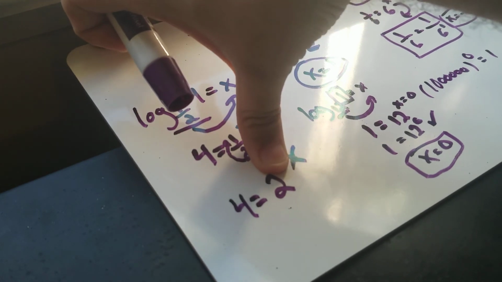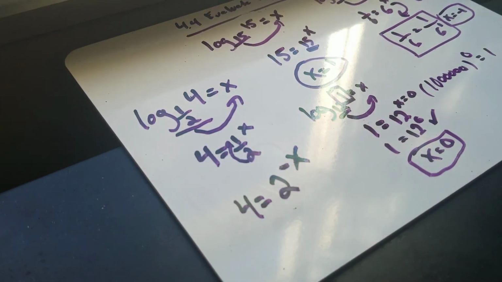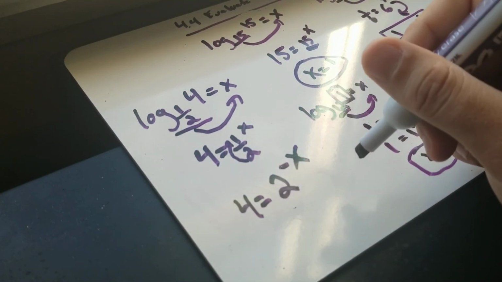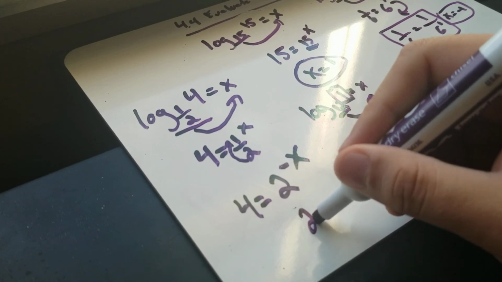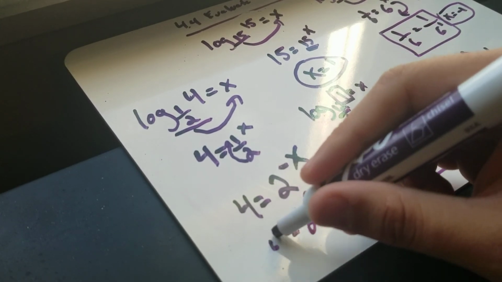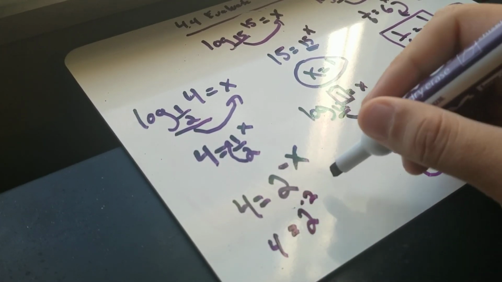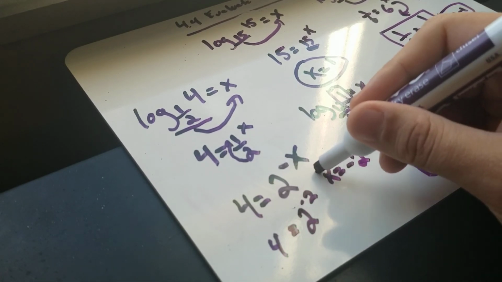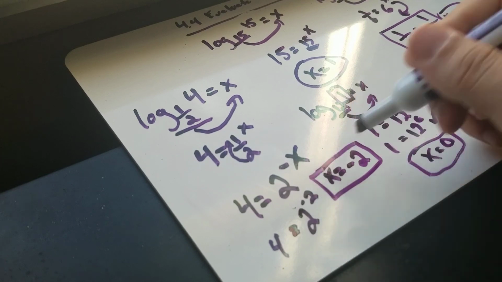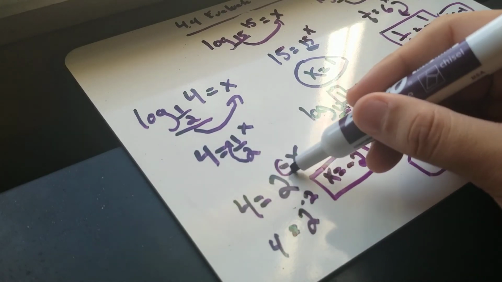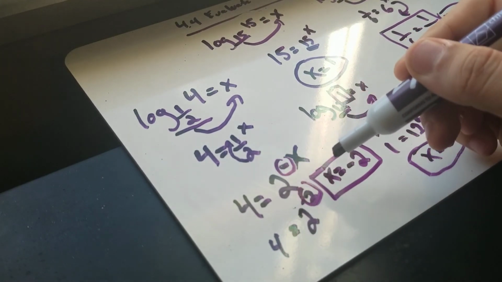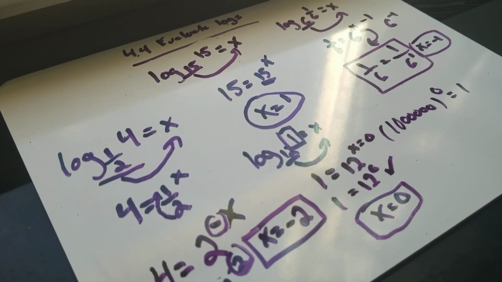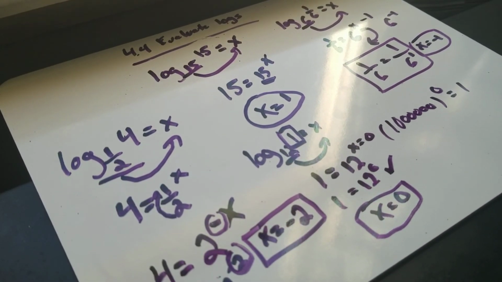Well, 2 to the second power gives me 4. So my final answer is x equals -2, because of the negative here and the 2 here.